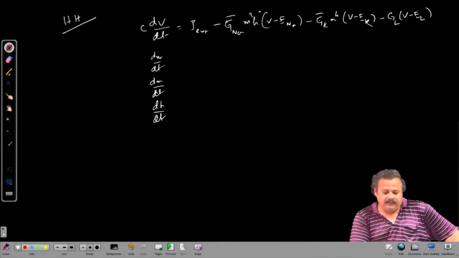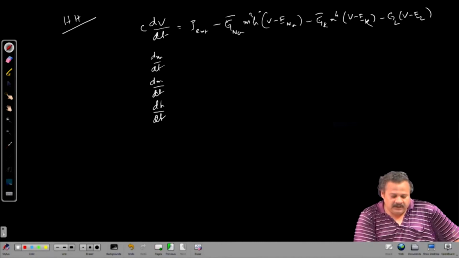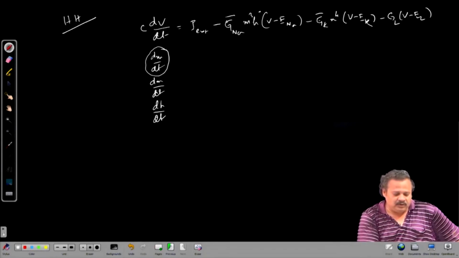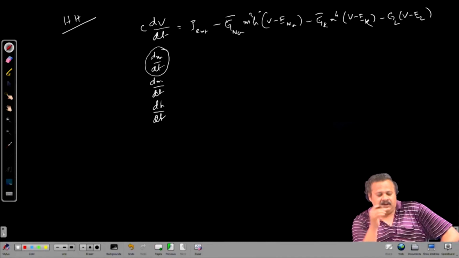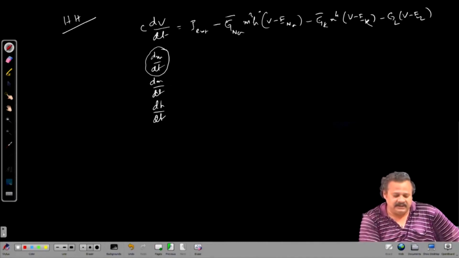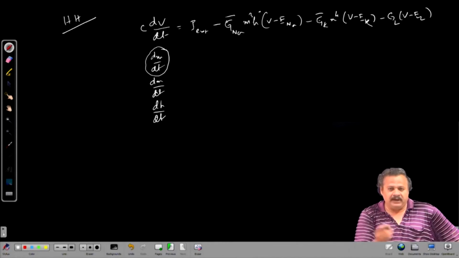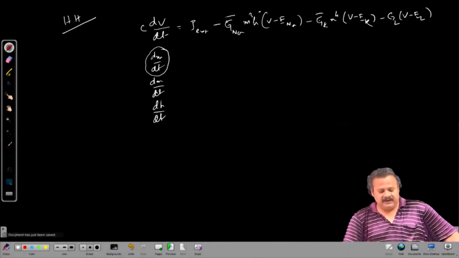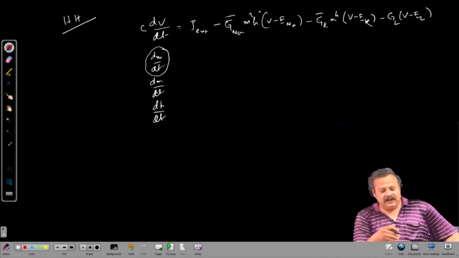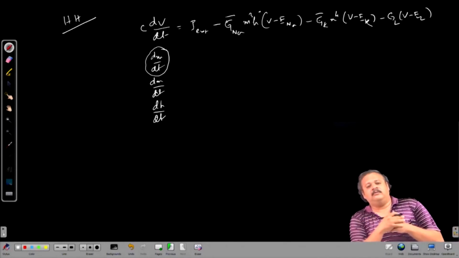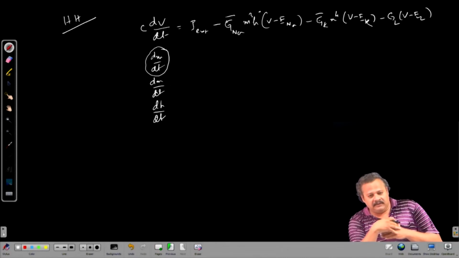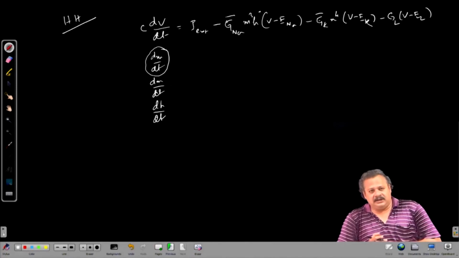Now if we want to have a true threshold behavior, as we said, we need to include the fastest of the state variables, in this case dm/dt, and that opening of sodium channels or the activation gates of sodium channels is required. If you remember, we qualitatively said how the activation gates keep on opening and sodium keeps on coming in, which causes the action potential. So m becomes crucial.